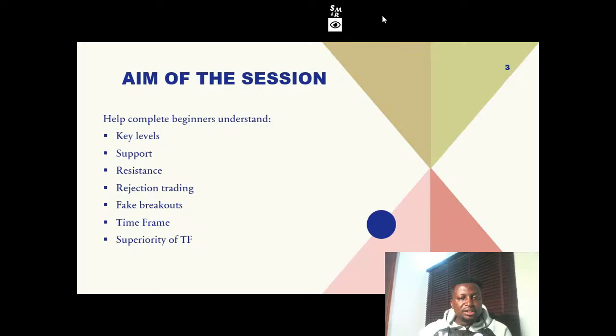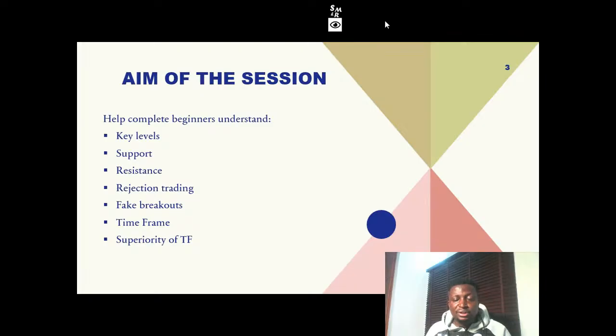Most people trade without this understanding. Most of them don't understand exactly how to measure their major support and major resistance. There are key levels, and there are also minor levels that you also need to pay attention to. Support and resistance.